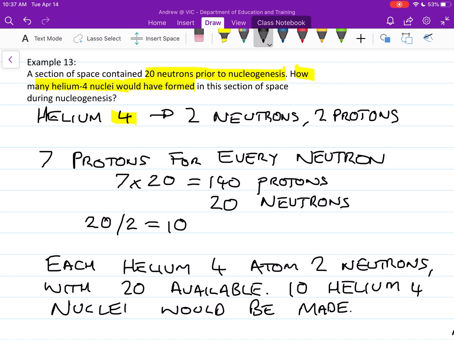In most cases of these types of questions, it will be the neutrons because there were so many fewer of them prior to nucleogenesis. So just break it down like that. Then figure out what the max amount is that you could make, 10 for this example here, and just write it as a short statement at the end.